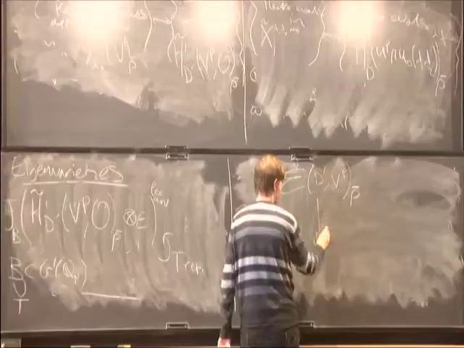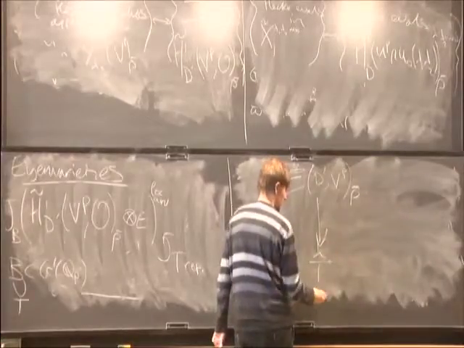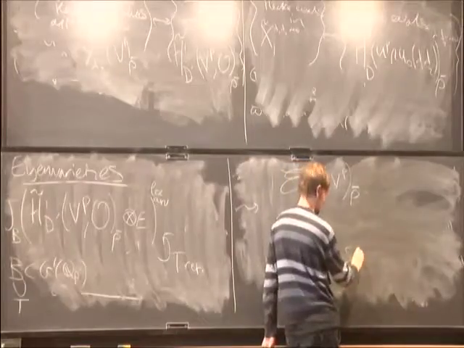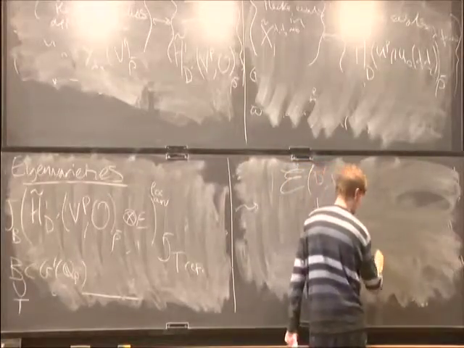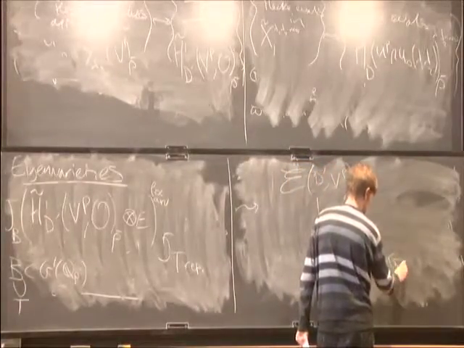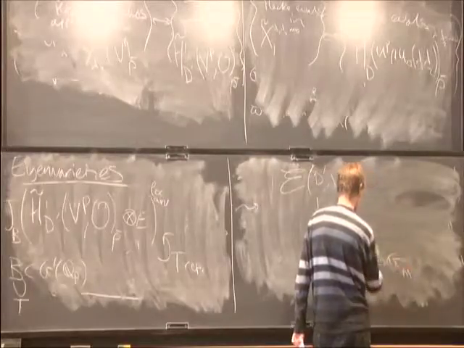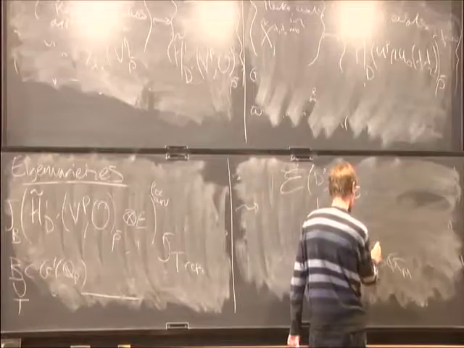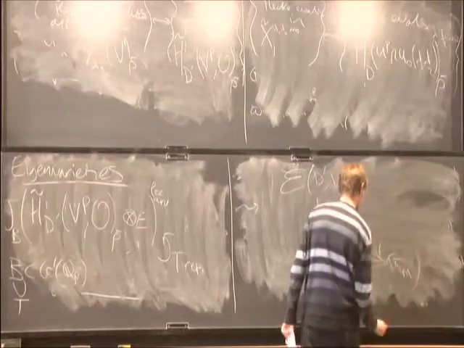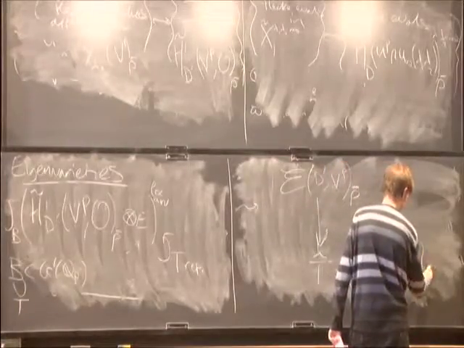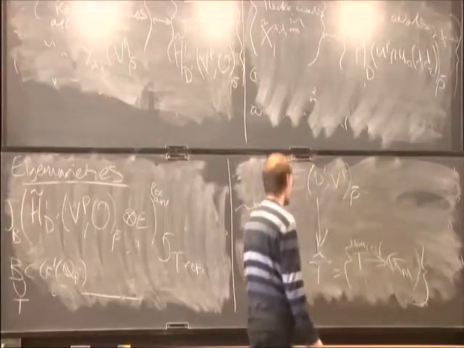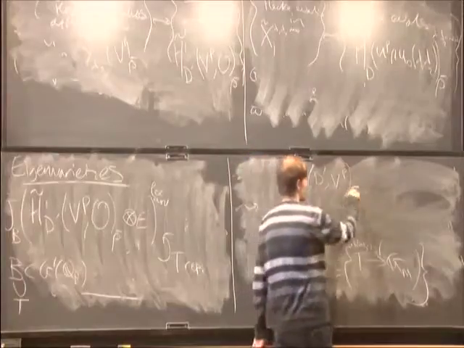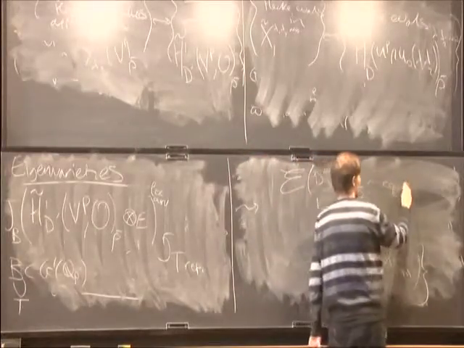This is going to have a map down to T hat, the rigid analytic space parametrizing characters of the torus T, p-adically continuous characters of the torus T. And in this setting one can prove that this eigenvariety is actually equidimensional.